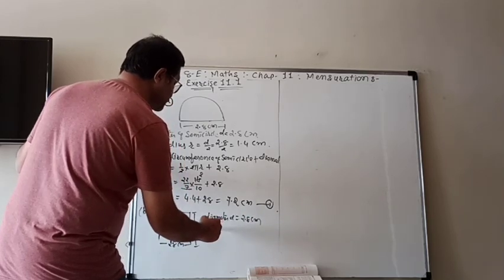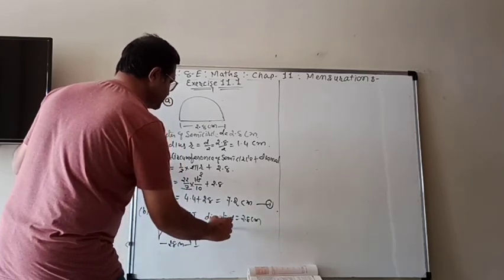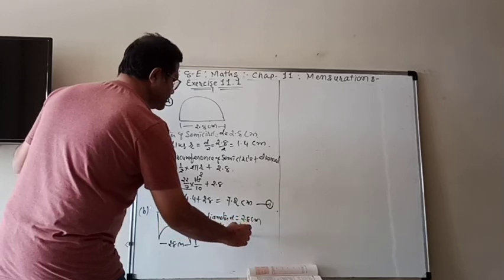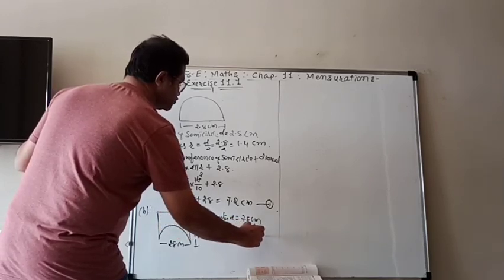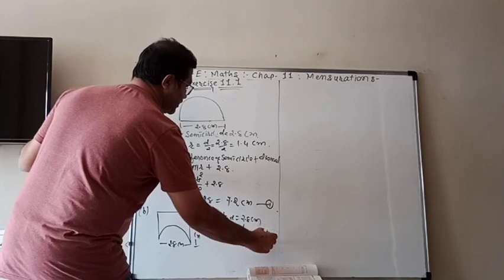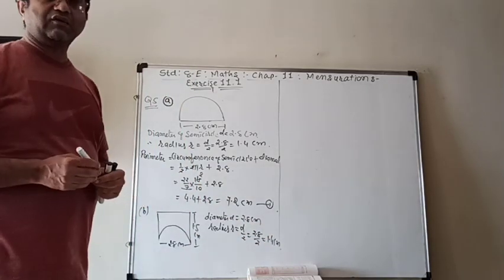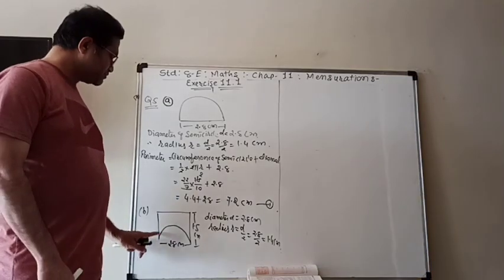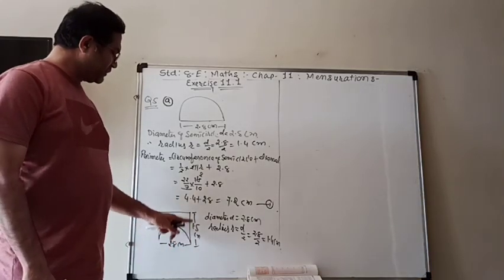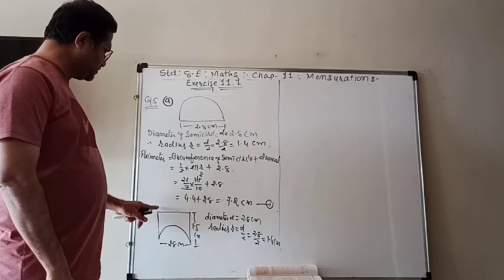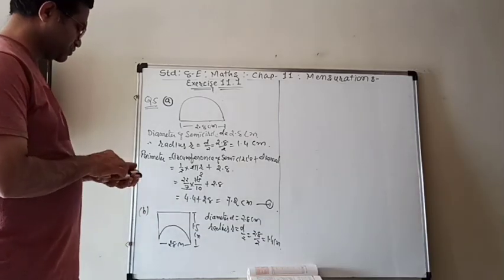So therefore radius will be the same, d upon 2, 2.8 upon 2, that is 1.4 centimeter. So now what will be the total perimeter? The semicircle plus length plus diameter plus length.